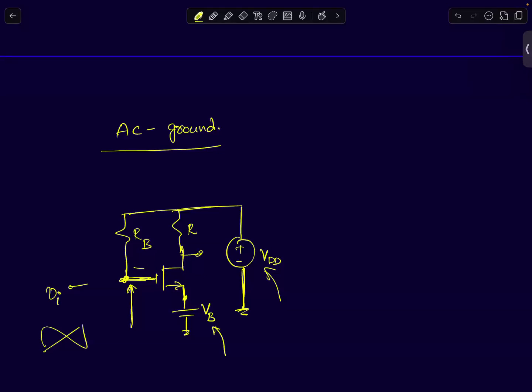What is the DC voltage at the gate terminal? The input gate current is 0, right? You can ignore gate leakages. If the input gate current is 0, then what is the gate DC voltage here? See, this node is at VDD. This is a common ground.